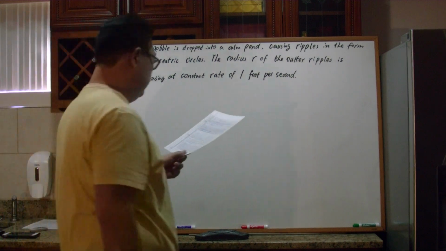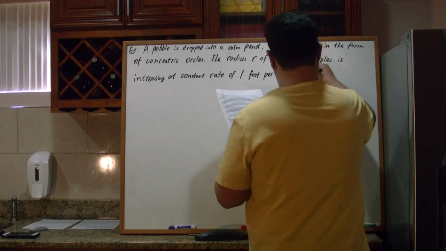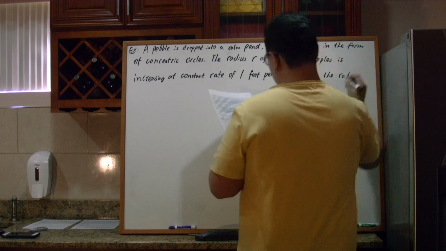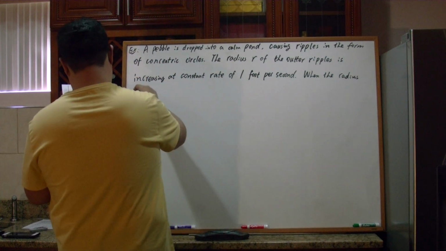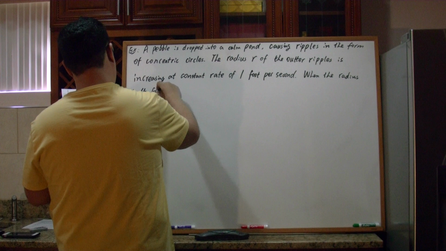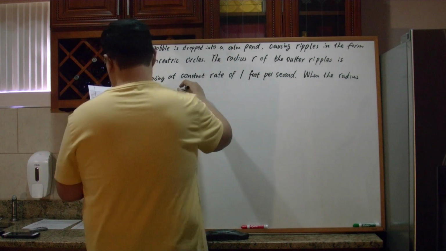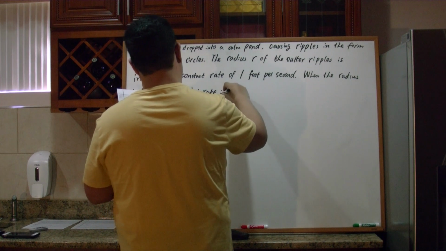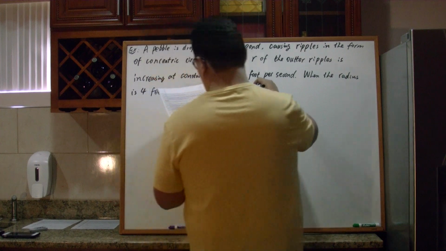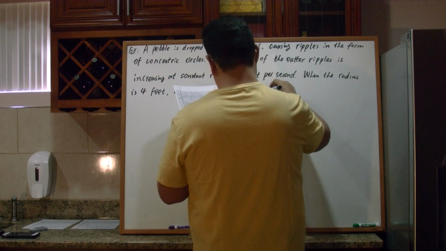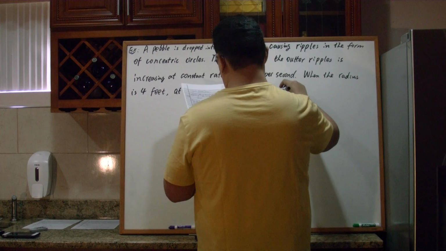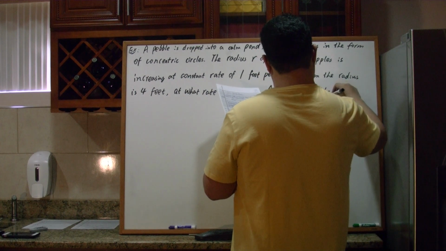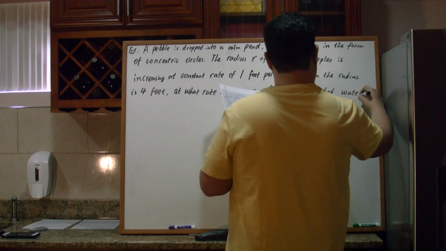Then we are asked: when the radius is 4 feet, at what rate is the area of the disturbed water changing?